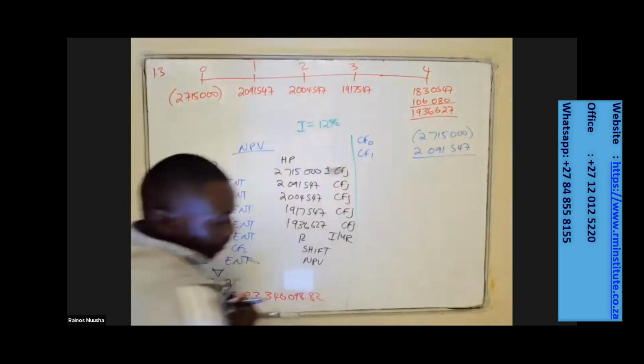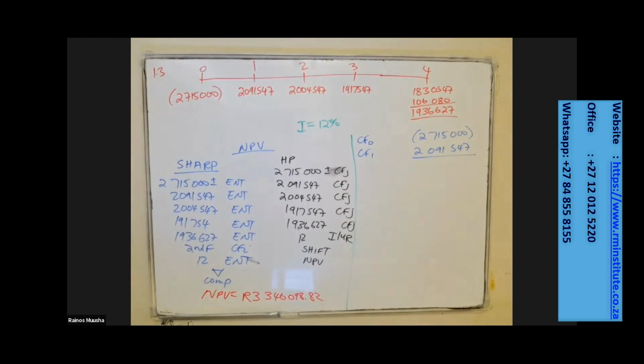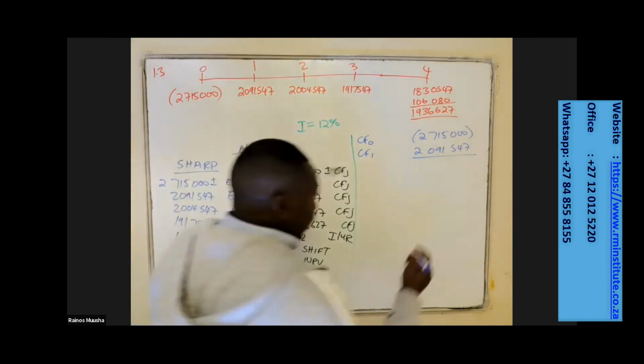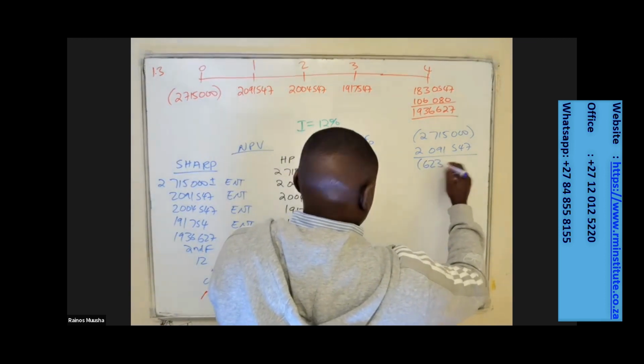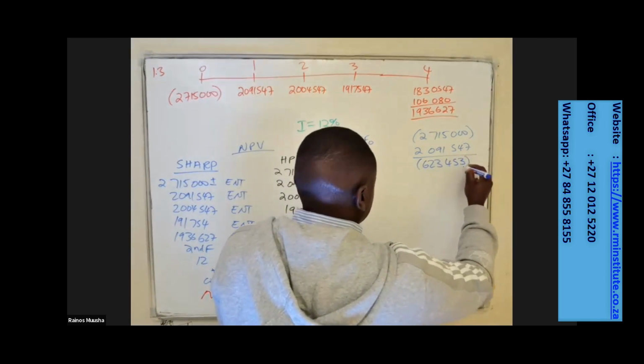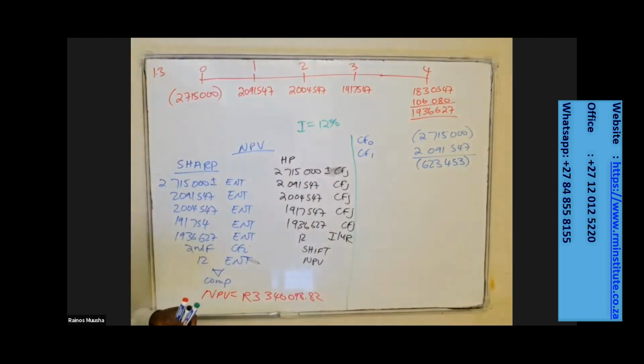And after year 1, how much is going to be the outstanding balance? So after year 1, there's still going to be an outstanding balance of 623,453. That's how much is still going to be outstanding for us to still recover from our investment, isn't it?